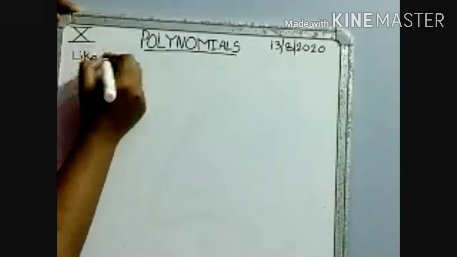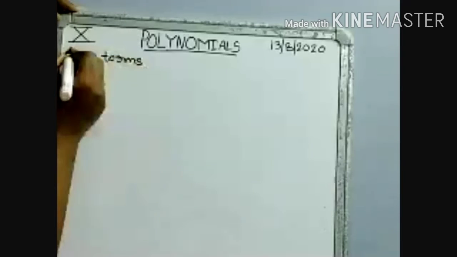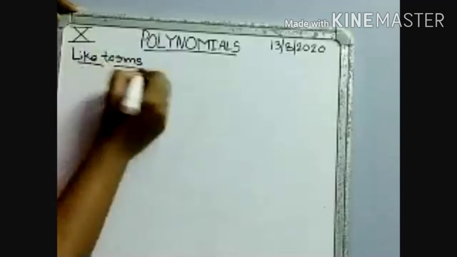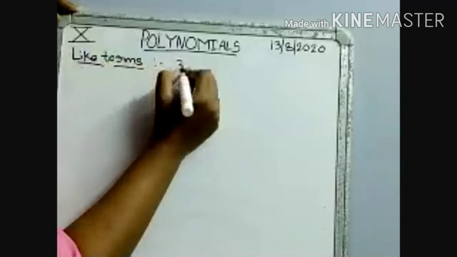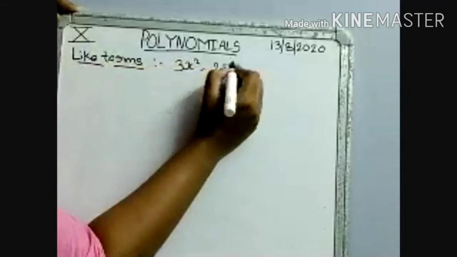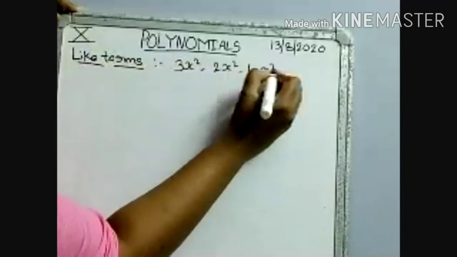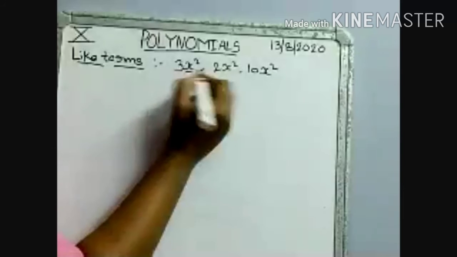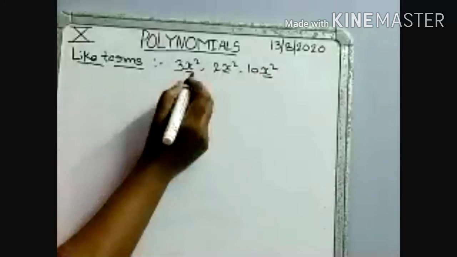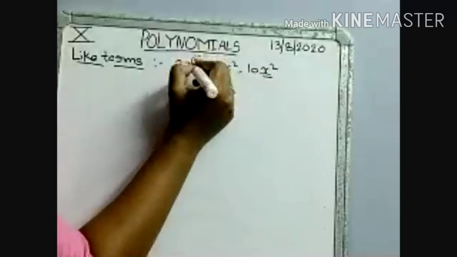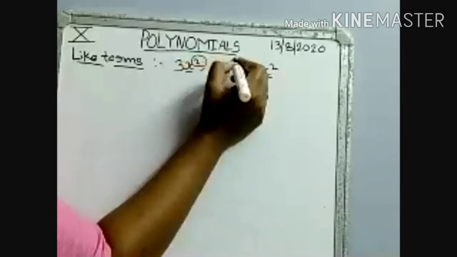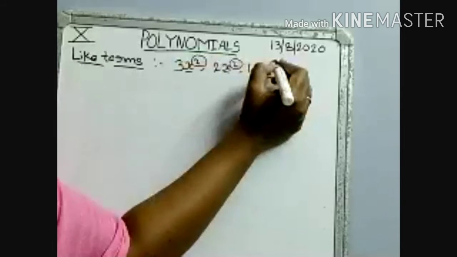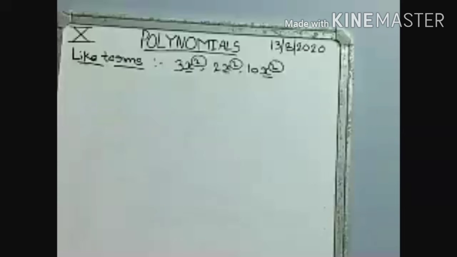Like terms. If you take some examples, 3x square, 2x square, 10x square, observe the variables. What are the variables there? The variable and the exponent. Exponent is also called power. Here both are same.